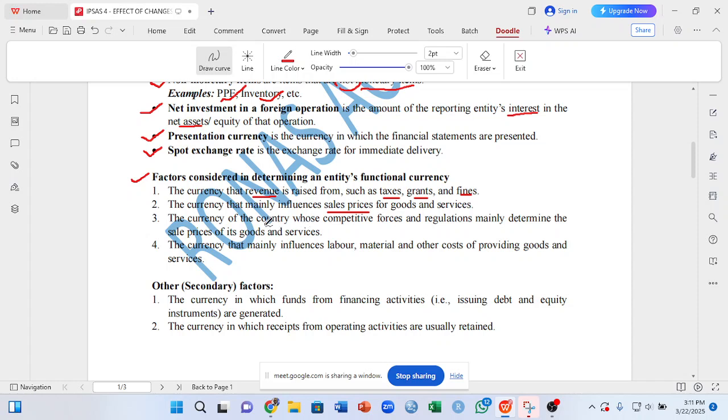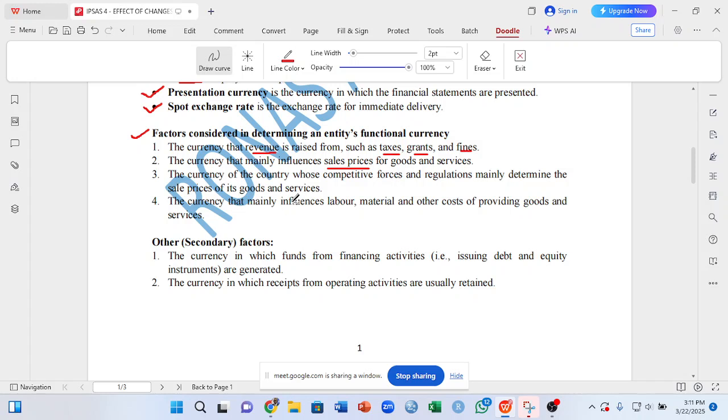The next one deals with the currency of the country whose competitive forces and regulations mainly determine the sales price of goods or services. So still on the sales price, the only addition is that this is determined by regulations or competitive forces in the market. This one is distinguished from the second one, in that regulations here will cause you to determine the sales price of your goods or services.